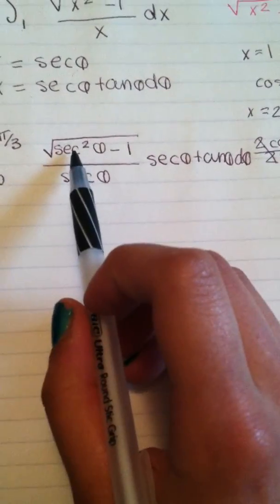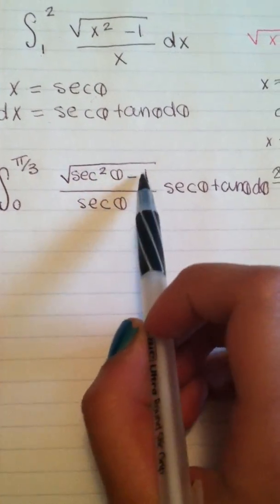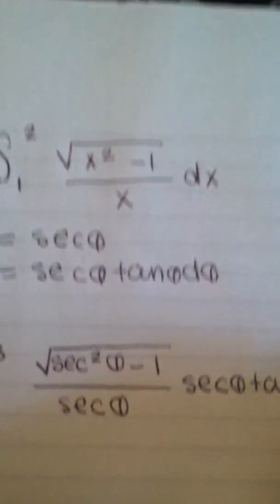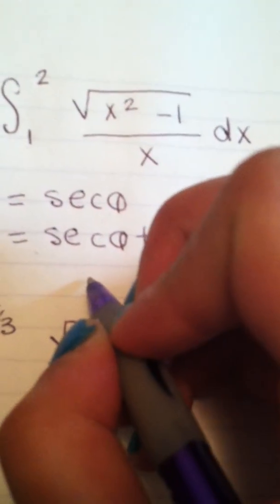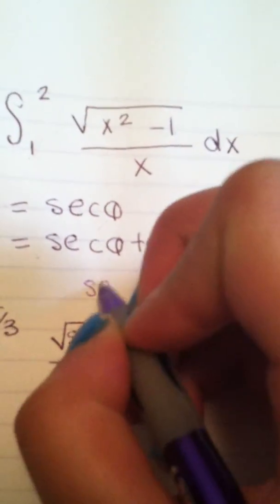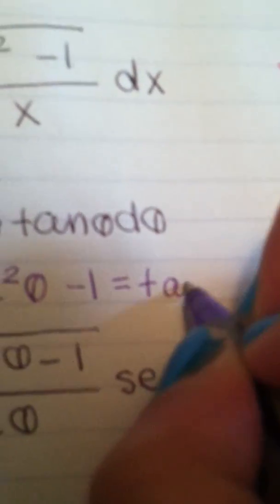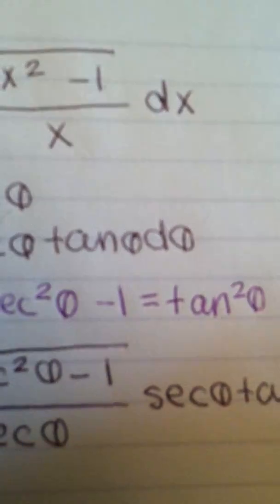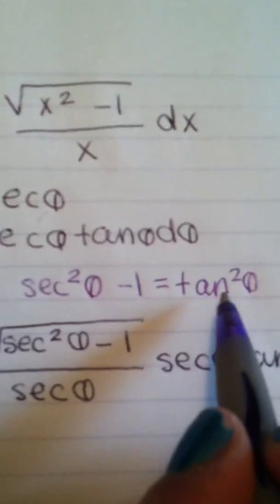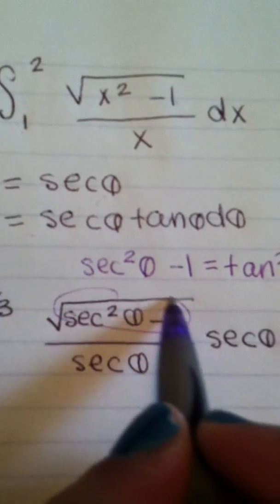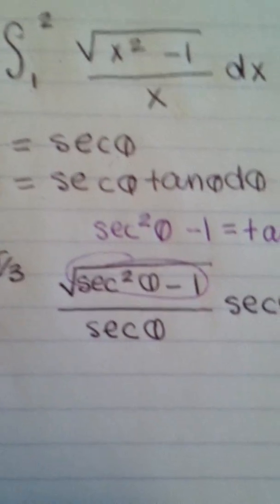If we look at secant squared theta minus 1, using the Pythagorean identity, secant squared theta minus 1 is equal to tangent squared theta, so we can plug in tangent squared theta for this part of the expression.